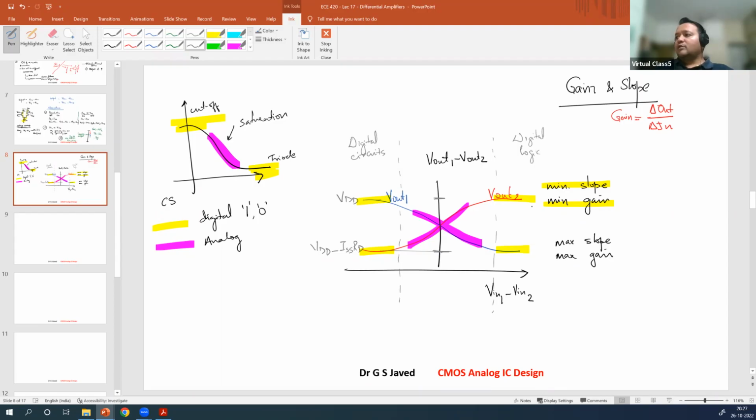This can be your 1 and 0 signal. And this area is going to be your analog area, linear. This is non-linear. So in this area you will have amplification, right? This is going to be the amplifier area.